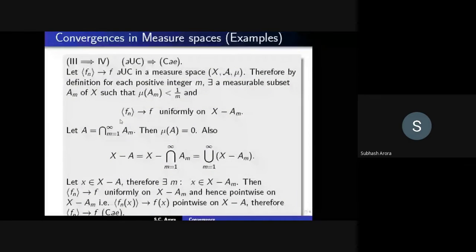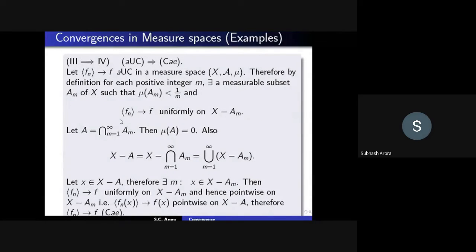And on its complement, X minus A, by De Morgan's law, it is the union of X minus Am, m going from 1 to infinity. And we claim that fn converges uniformly on X minus A. So let x belong to X minus A. Therefore, there exists m such that x belongs to X minus Am.